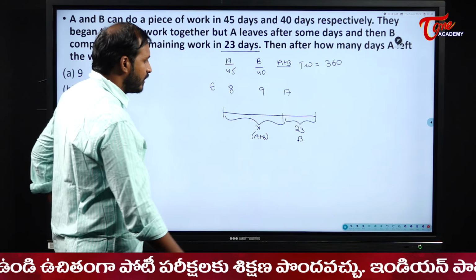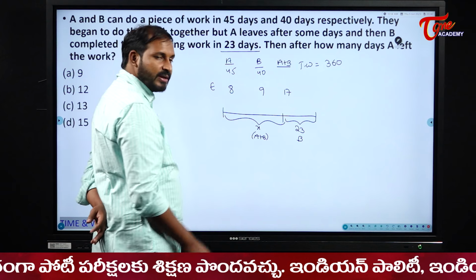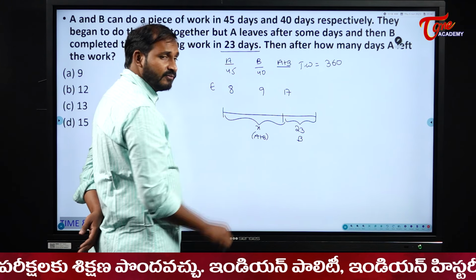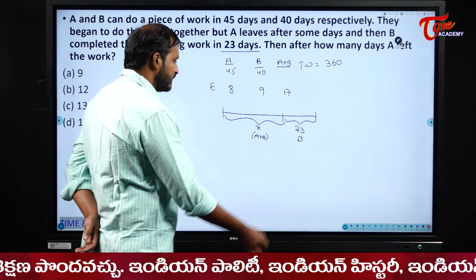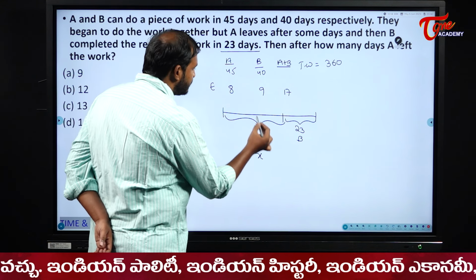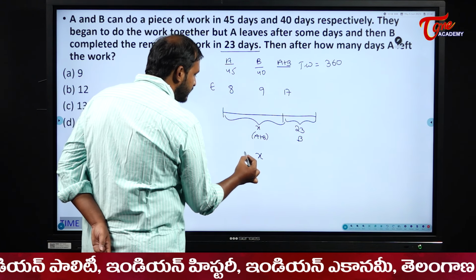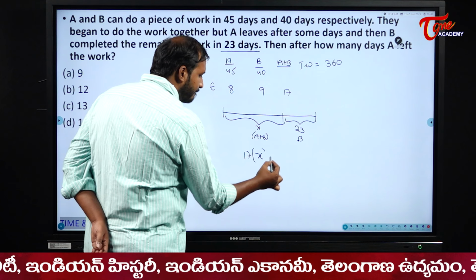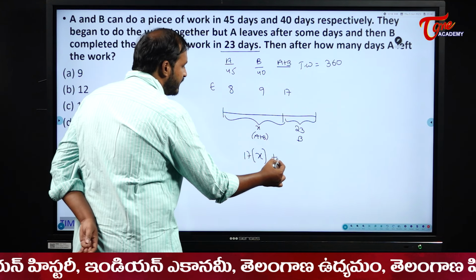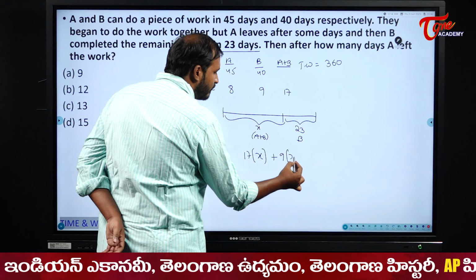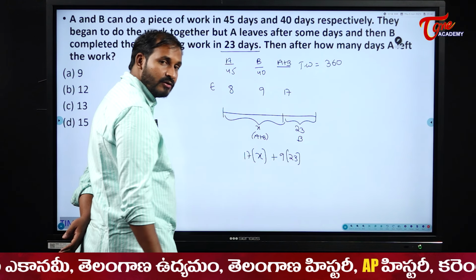Only B worked here. Now, by doing this, they finished my total work of 360. So x into the combined efficiency of A and B, 17, or else 17 into x, plus the efficiency of B, 9, and he finished the work in 23 days.